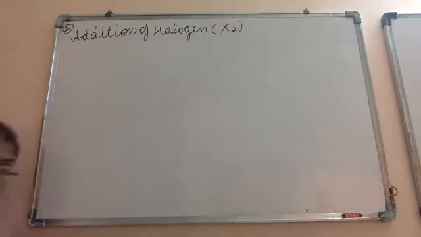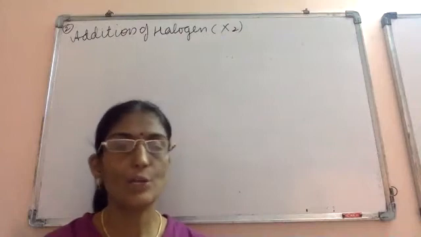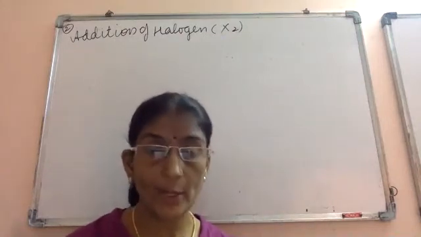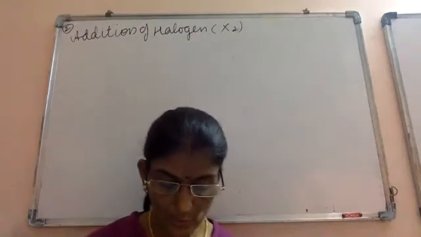Maybe fluorine, bromine, iodine. Same way, two molecules will be added. We get tetrahaloalkane. When halogen is added, we get tetrahaloalkane.